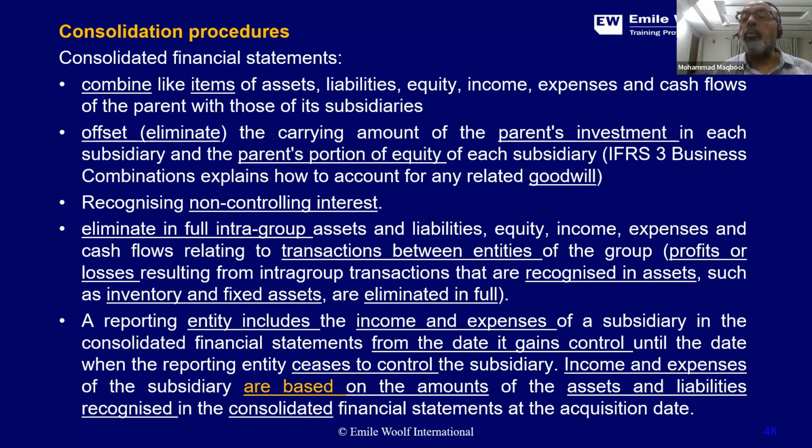Like inventory: one entity sold the other entity 5 million worth of inventory, and 1 million is still in hand. So gain earned on that 1 million, the other 4 million, no issue because it had been sold out, so you don't have to make an adjustment. But for the inventory in hand, there's the unrealized profit part of that. We have to eliminate that.